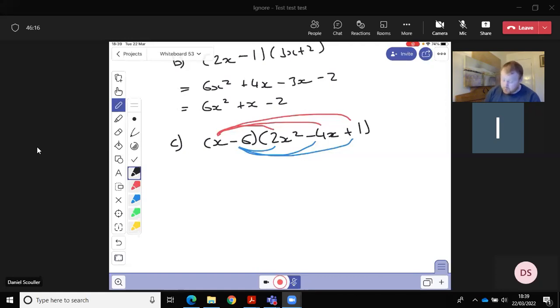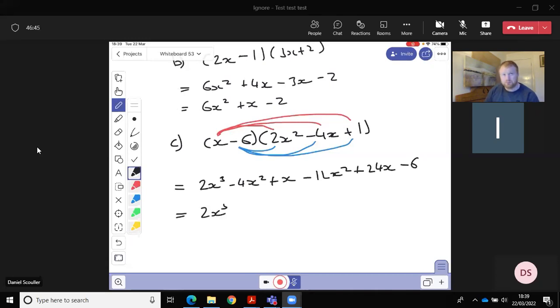That's it. So 2x cubed minus 4x squared plus 1x, or I'm just going to put x, minus 12x squared plus 24x minus 6. So watch the signs, and then we're just collecting like terms.